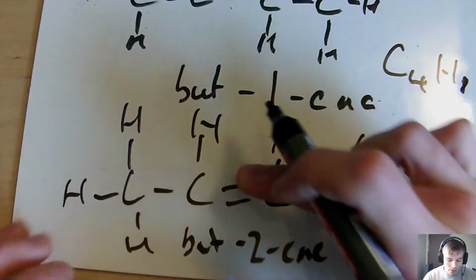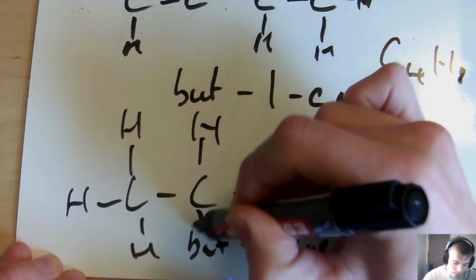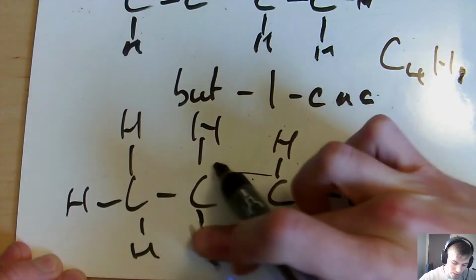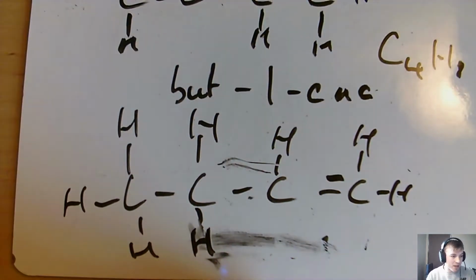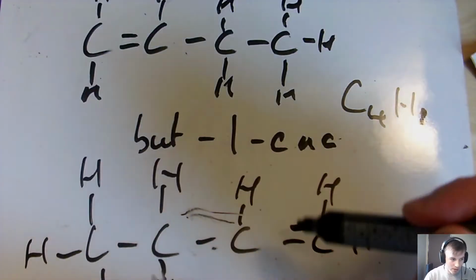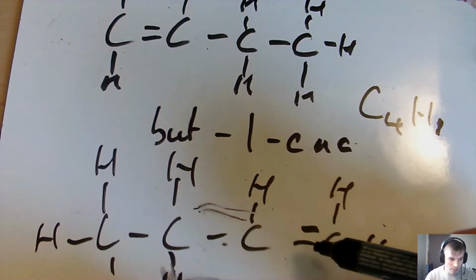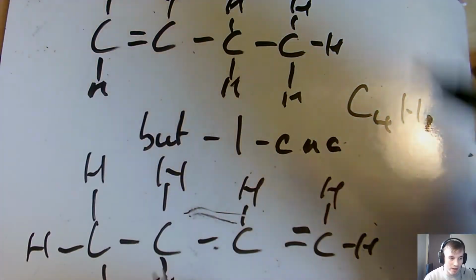If I put my carbon-carbon double bond here, and I rub this out, from our naming, these are both but-1-ene because, remember, the carbon-carbon double bond has priority. So in this situation, these are not isomers. These are the same molecule.